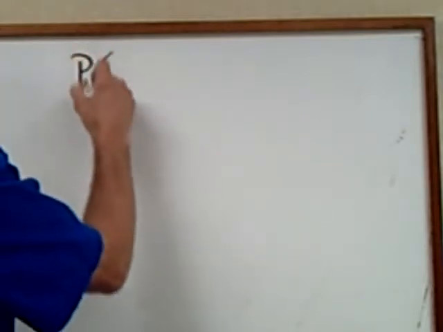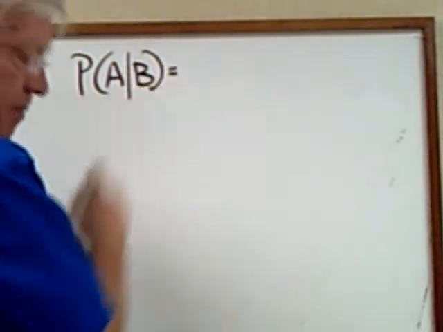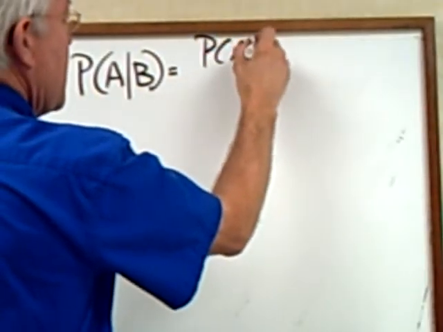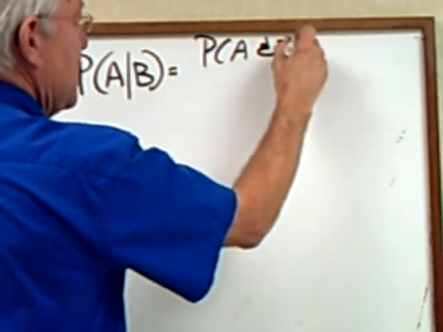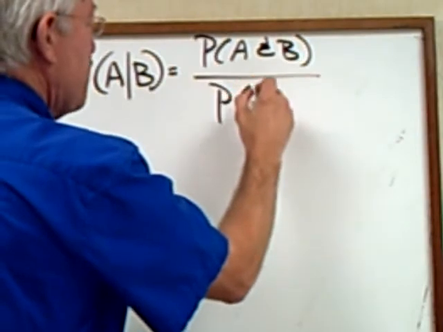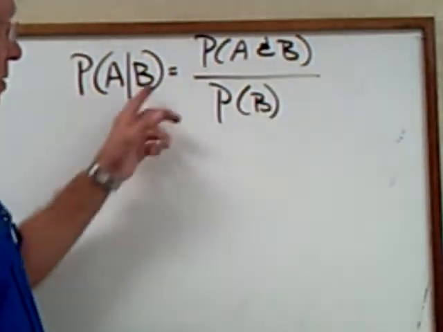The probability of event A happening, given that B happens, is equal to the probability of A and B happening divided by the probability that B happens. Okay? Conditional probability. Very important.